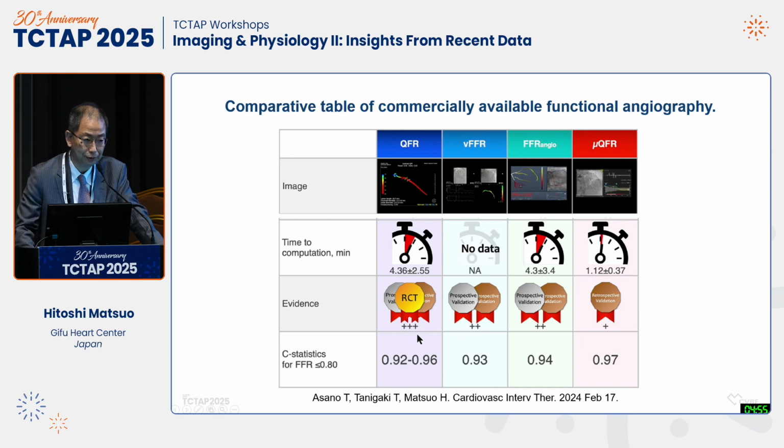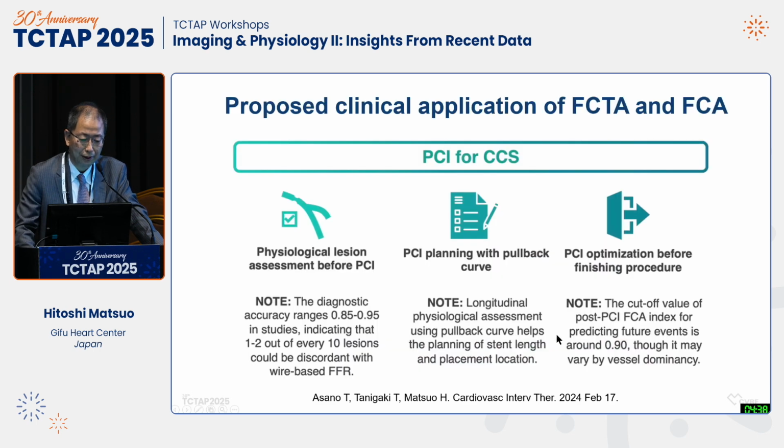However, the amount of evidence is much higher for QFR, and the diagnostic accuracy of all of these indexes is quite good. And here is the proposed clinical application of functional coronary CT angiography and functional coronary angiography.